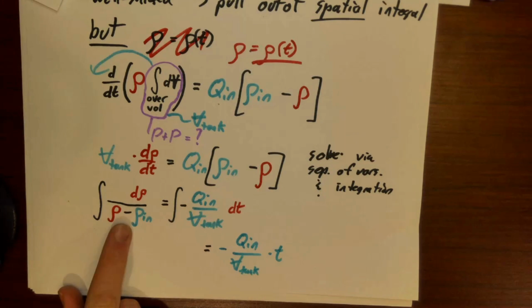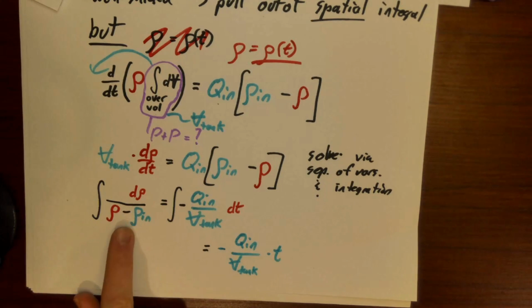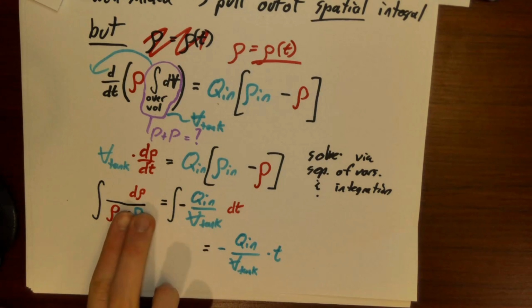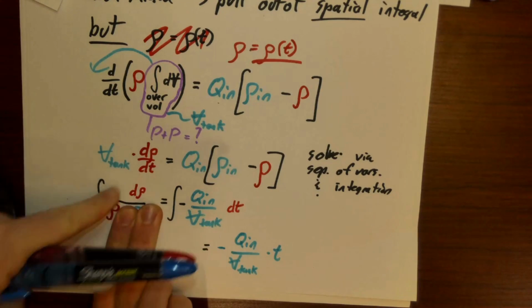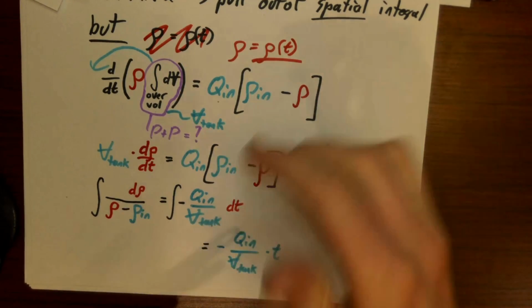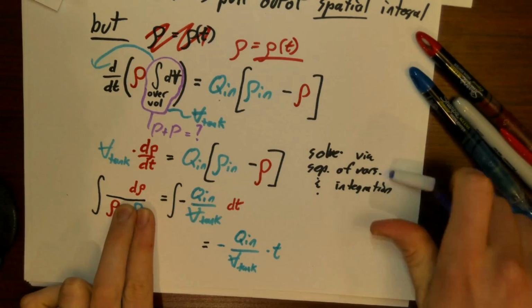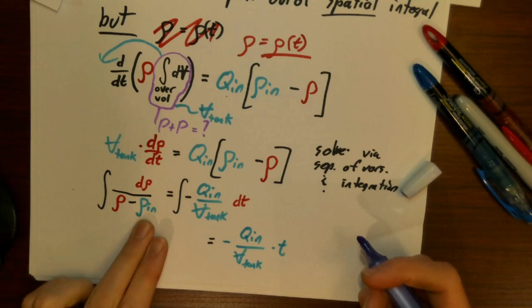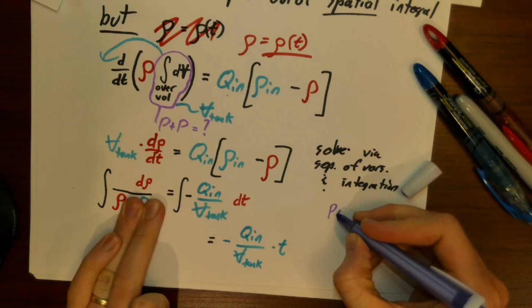And what do we get on the left-hand side? If I just covered up this rho in here, you had d rho over rho, what would you get? Pause and ponder.